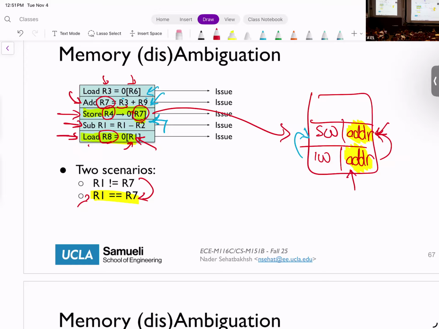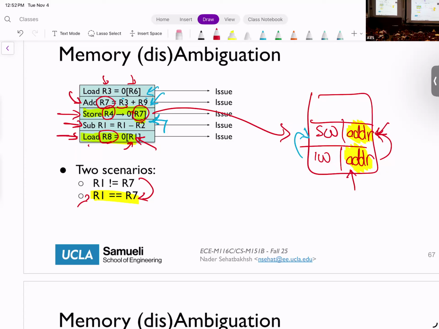So you see that there is a potential dependency. What you would do is make a guess, for example, say that, okay, I assume that these are not the same. So you issue the load before the store. You read the value, you continue. At some point, you will know the address of the store.